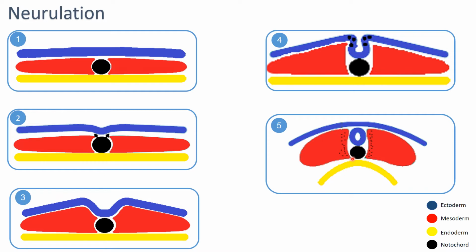And as these neural crest cells break contact with the neural tube, as you can see here in image 5, they're able to leave and carry out their different fates and contribute to whatever derivatives they need to contribute to. Now, some of these neural crest cells will form much of the peripheral nervous system, but the rest of these neural crest cells are going to have various other fates.